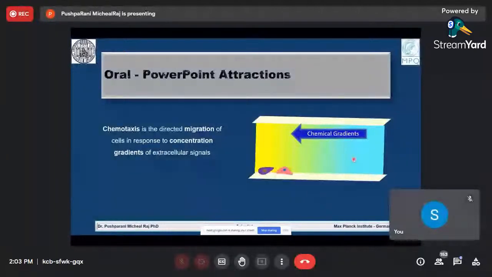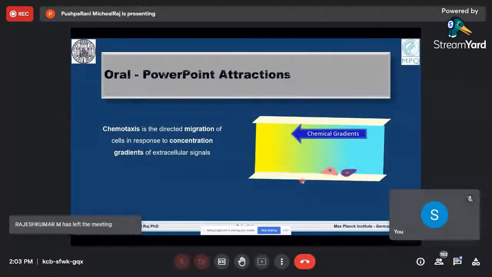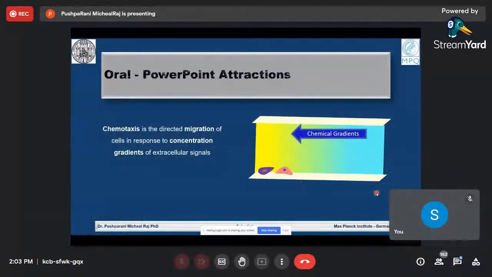It shows the cells migrating from one concentration to the other. This is chemotaxis. As simple as that, right? So anyone could now remember what chemotaxis is. So just make use of the PowerPoint features, because this is not really difficult for me to do, but it is from PowerPoint.